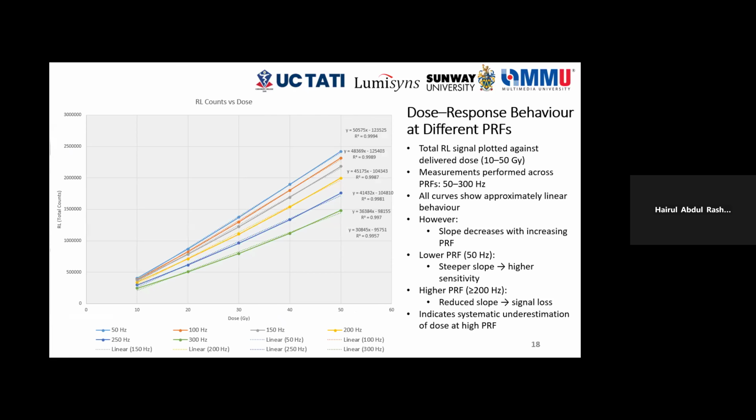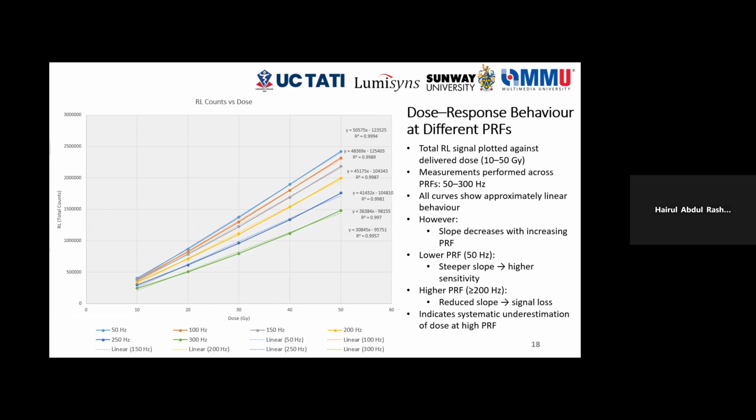When we integrate the area under the pulse to measure the total absorbed dose, we plotted the RS signal for dose delivered from 10 gray to 50 gray for different PRF. The green line is 300 Hz, the light blue line is 50 Hz PRF, and we can see that the slope decreases with increasing PRF.